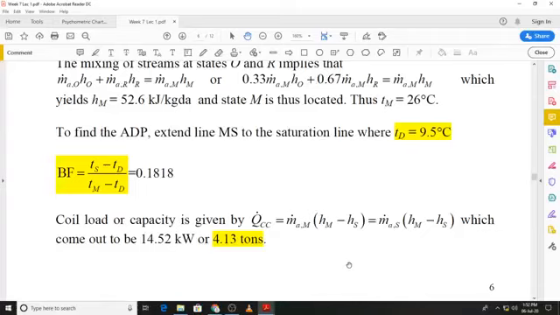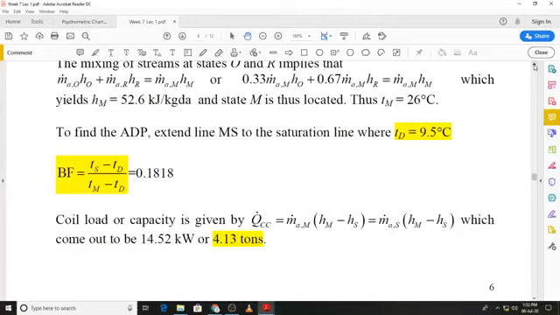Now one thing that you will notice is that the coil capacity is 14.52 kilowatts, whereas the space load was 9 plus 2.5, that is 11.5 kilowatts.